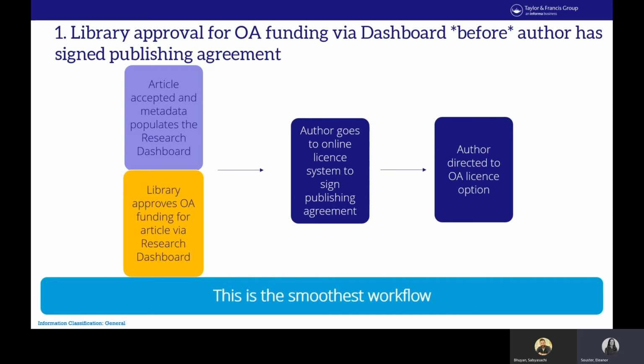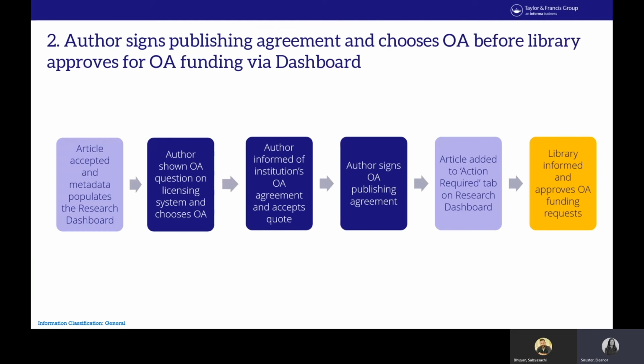The second workflow is when the author signs the publishing agreement and chooses open access before the library has approved the article for open access funding via the dashboard. Again, the article is accepted and the metadata populates the research dashboard. Then for some reason there could be a delay, for example, it might be the weekend or the library may not have checked their dashboard account.